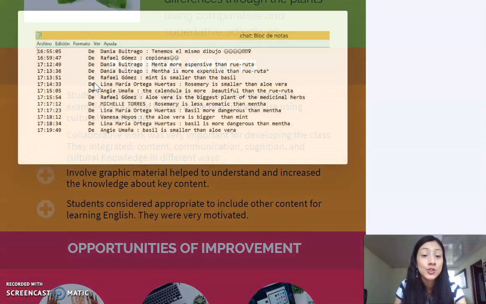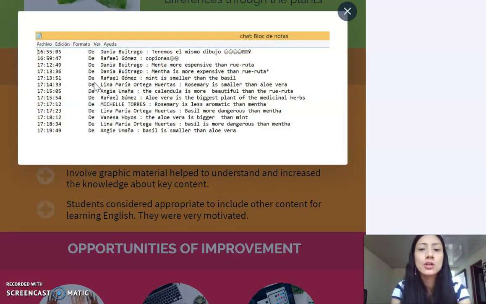And the students used some specific material that I shared, and according to this they wrote some sentences using comparative and superlative adjectives, and they included the content, medicinal plants in this case.